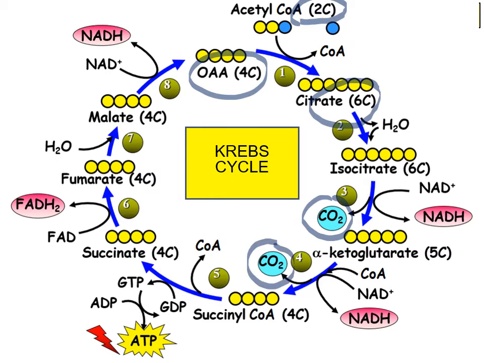So 2 carbon dioxide is removed to restore OAA, the 4 carbon molecule, to form again the oxaloacetate. OAA is then recycled and binds to the second acetyl-CoA to complete one cycle, the complete process of the Krebs cycle for one molecule of glucose.